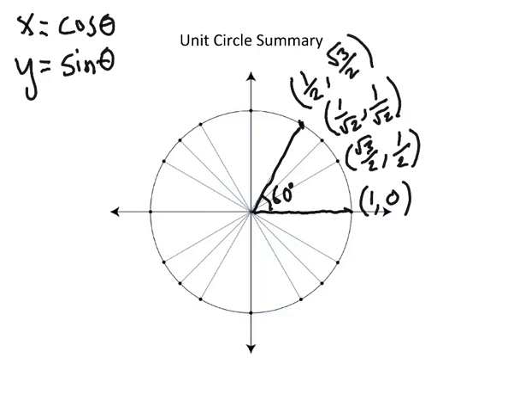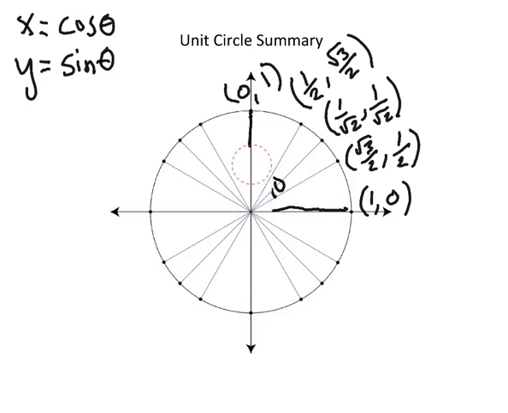And then we get to a 90-degree angle. So a 90-degree angle looks like this. The 90-degree angle will be at coordinate points of 0 for x, 1 for y, right? So cos of 90 is 0 and sine of 90 is 1.